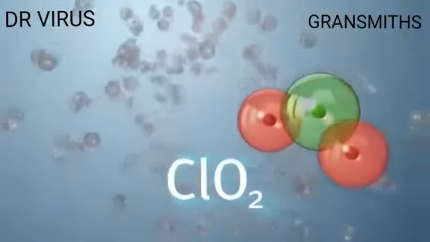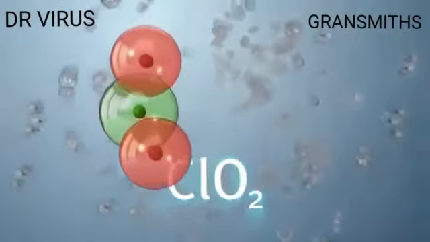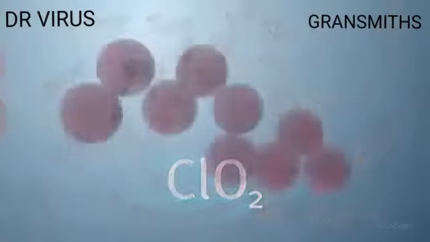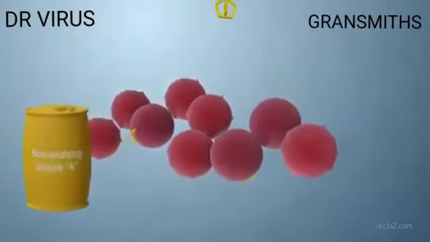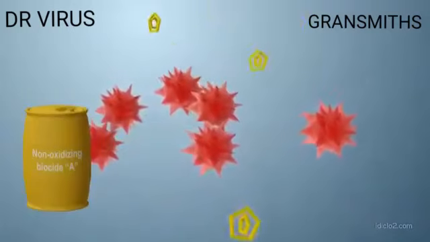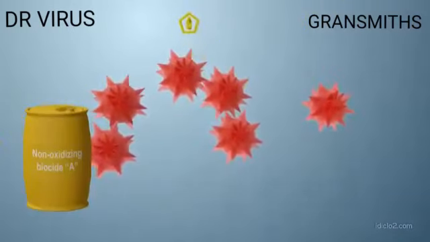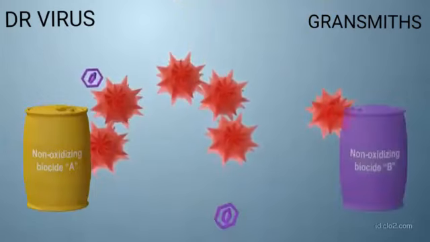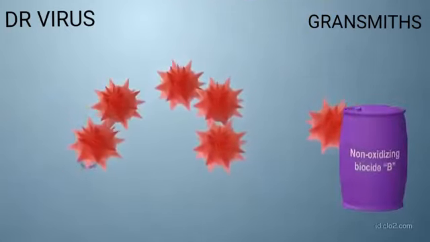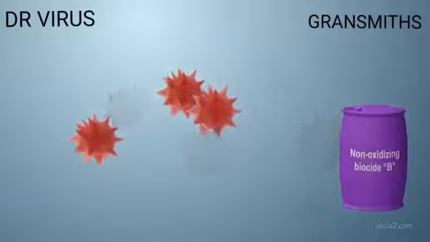Chlorine dioxide is a fast-acting, highly effective oxidizing biocide. Microorganisms are known to alter their structure to develop immunity to non-oxidizing microbicides. The typical solution to this problem is to alternate non-oxidizing biocidal chemistries.